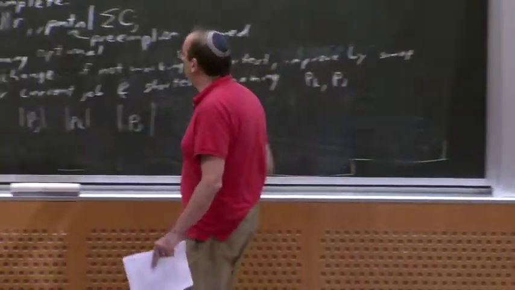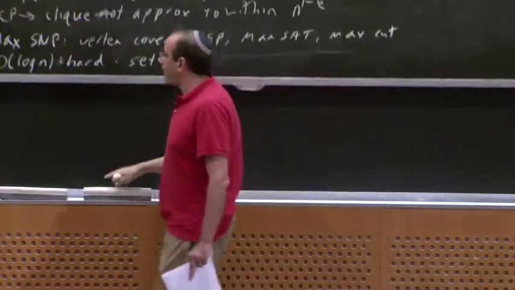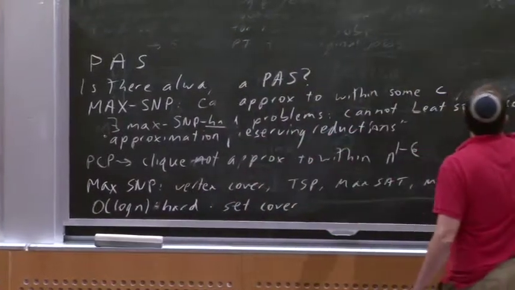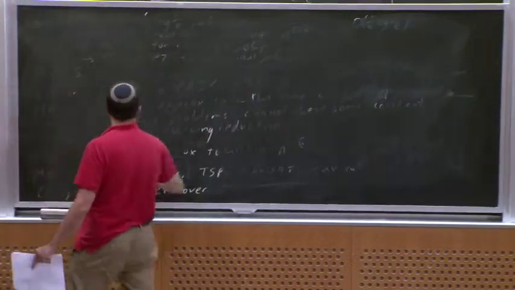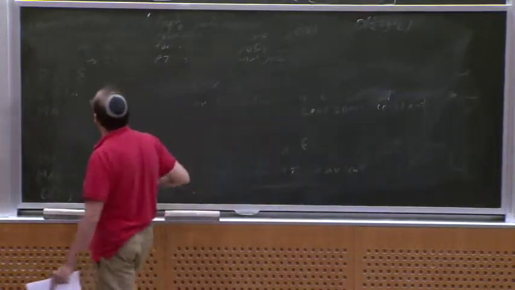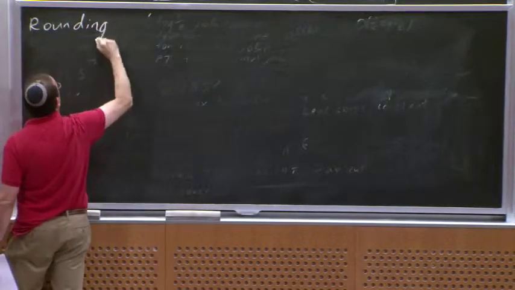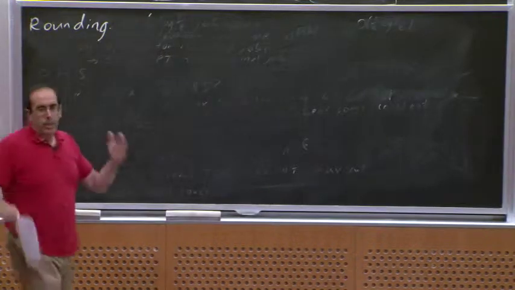Okay? So all we have left to do is take our preemptive optimum and round it to get a solution to the original problem. So here I've got this preemptive schedule, job starting, stopping, restarting, restopping.